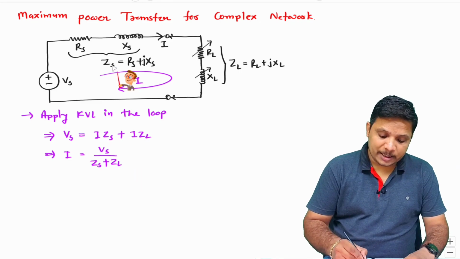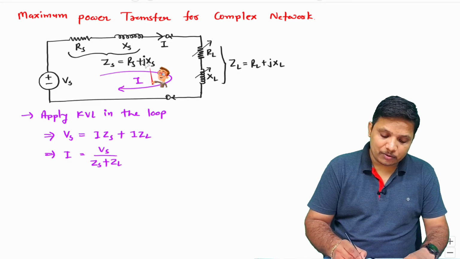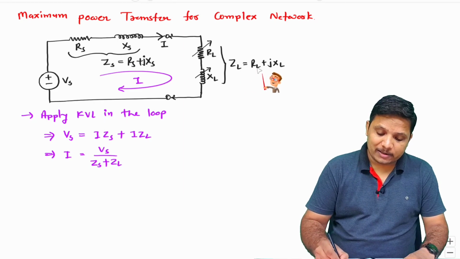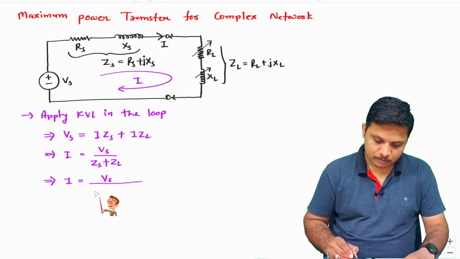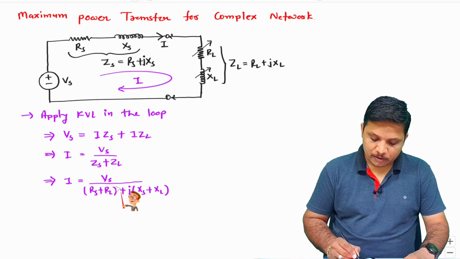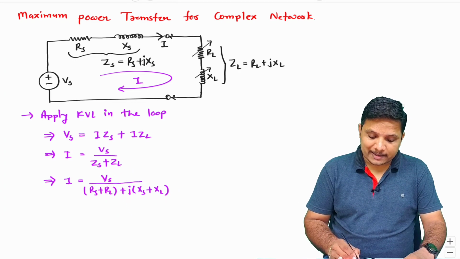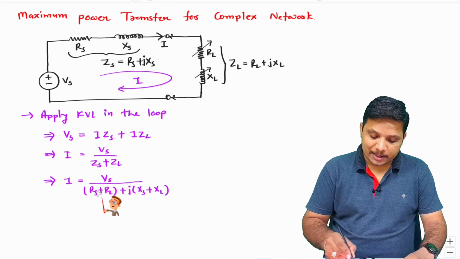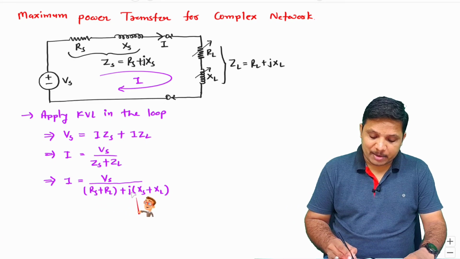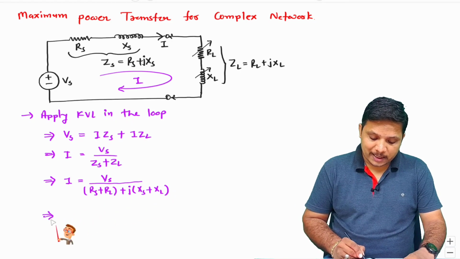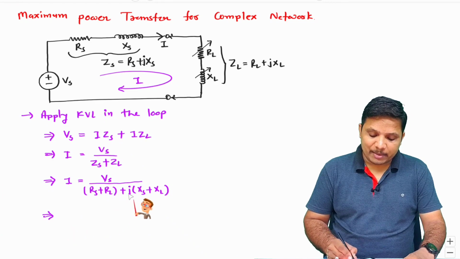Now let us substitute Zs equals Rs plus JXS and ZL equals RL plus JXL. In the denominator we have RS plus RL as the real component and plus J into XS plus XL as the imaginary component.